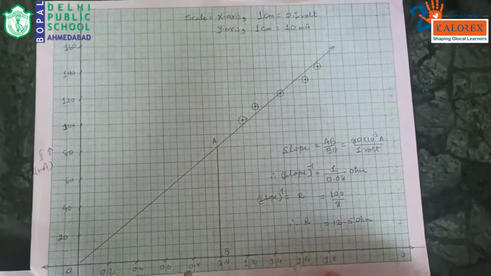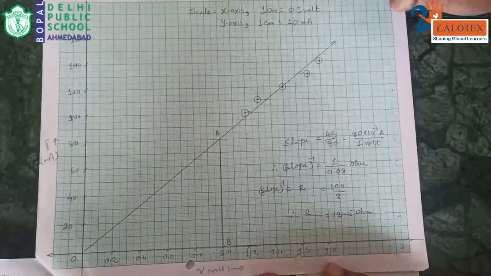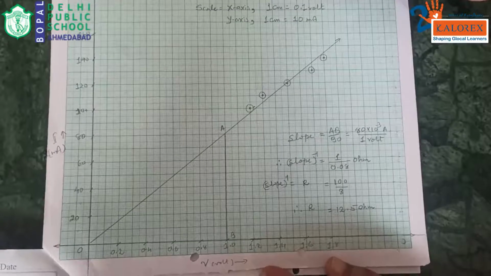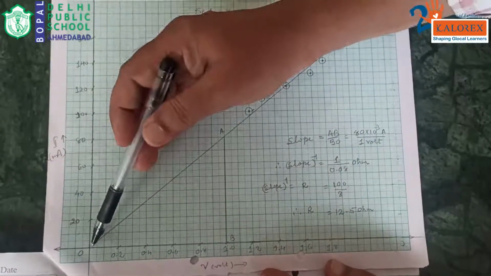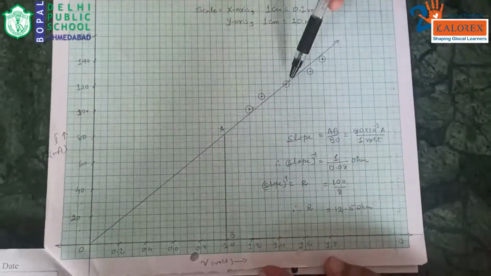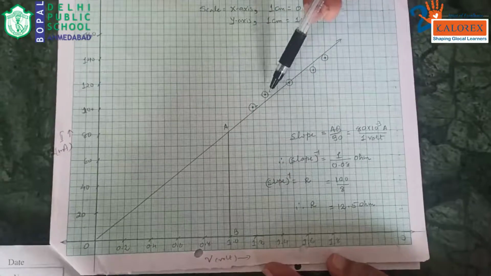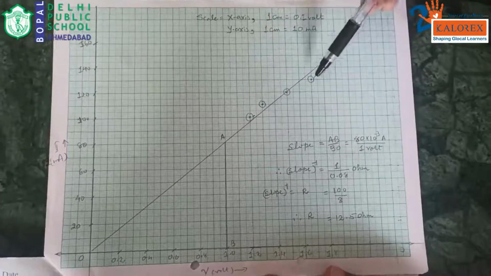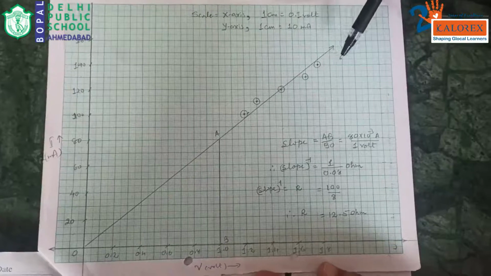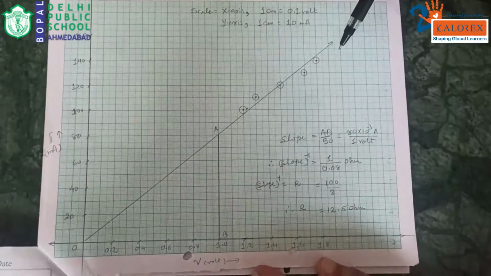This is known as the best fit graph. It is not wrong, it is correct. It should pass through 0, it is passing, and one reading is on it. Error is there in 2 readings, which is balanced by another 2 readings. So it is known as a best fit graph.